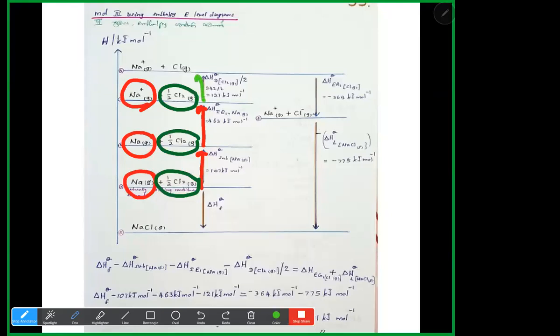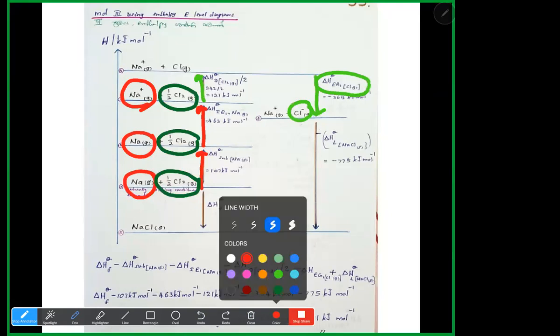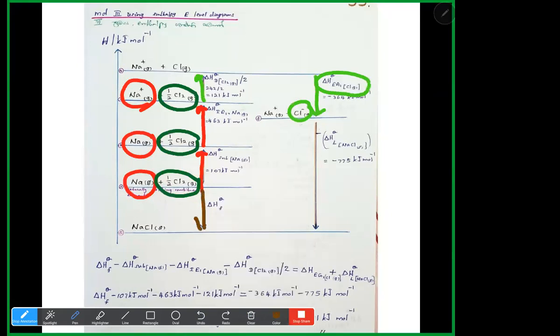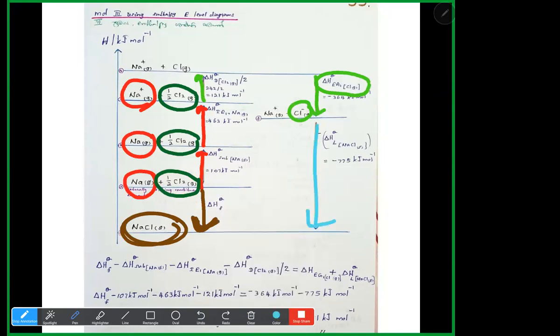So chlorine first is dissociation, but it has to come down for this, electron gain energy is negative. So that is done. Then I'm coming down here to make sodium chloride. I have another path to make sodium chloride, from here to here. Using sodium plus and Cl minus, I am again making sodium chloride.